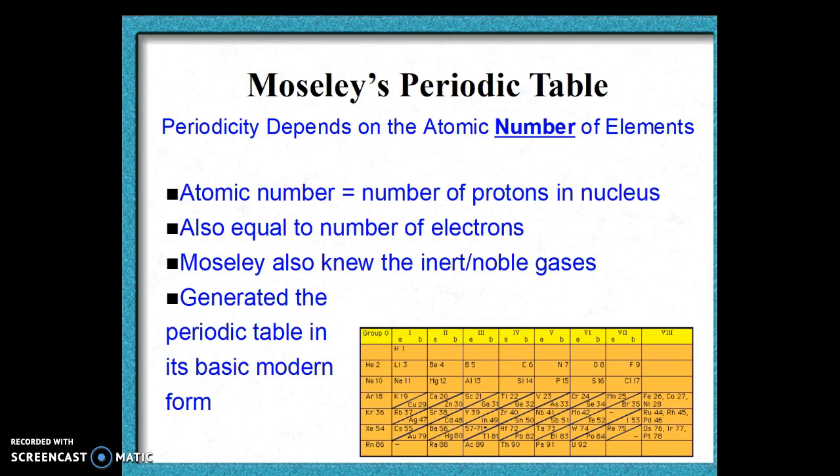It's the atomic number, the number of protons in the nucleus, which of course is equal to the number of electrons in the neutral atom. Moseley also knew the inert gases, the noble gases, and he put that in as well. And he generated the periodic table in its basic modern form.